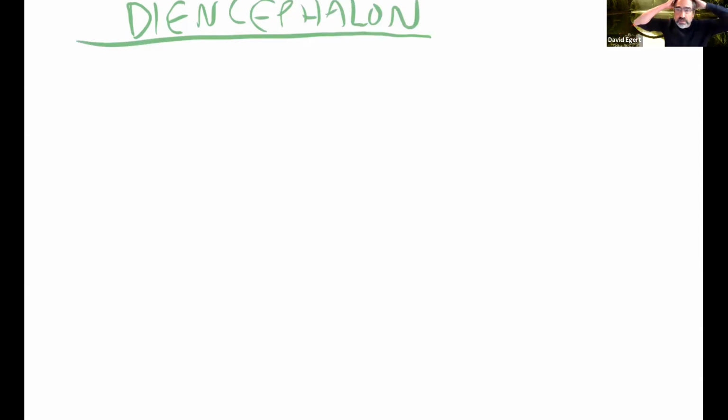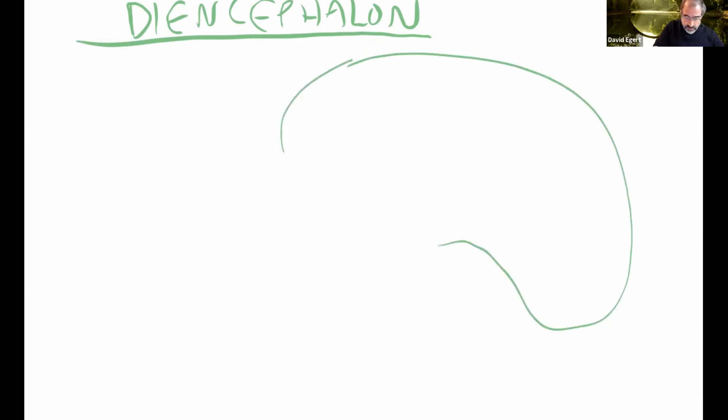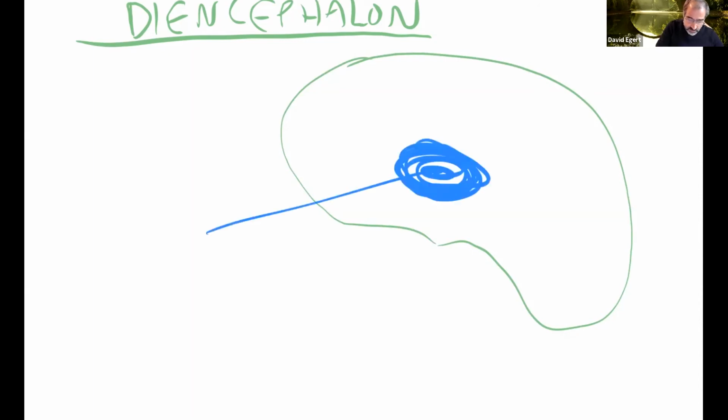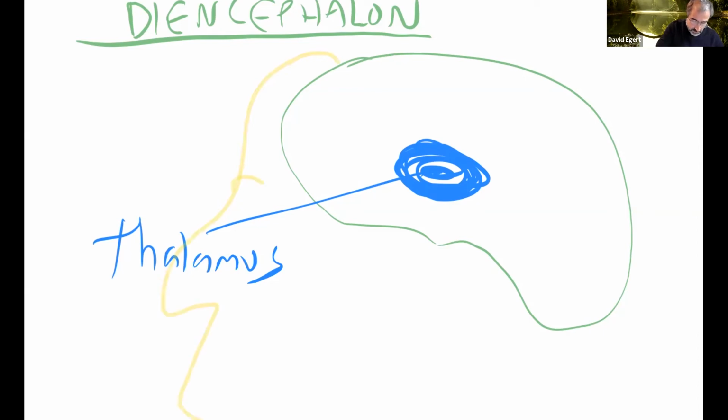So if you crack the two sides of the brain open, there's the hemisphere. Then you're going to see this thing that's going to be the thalamus. And we need to put it in context: here's the front. There's the thalamus. There's the region up above here called the epithalamus.